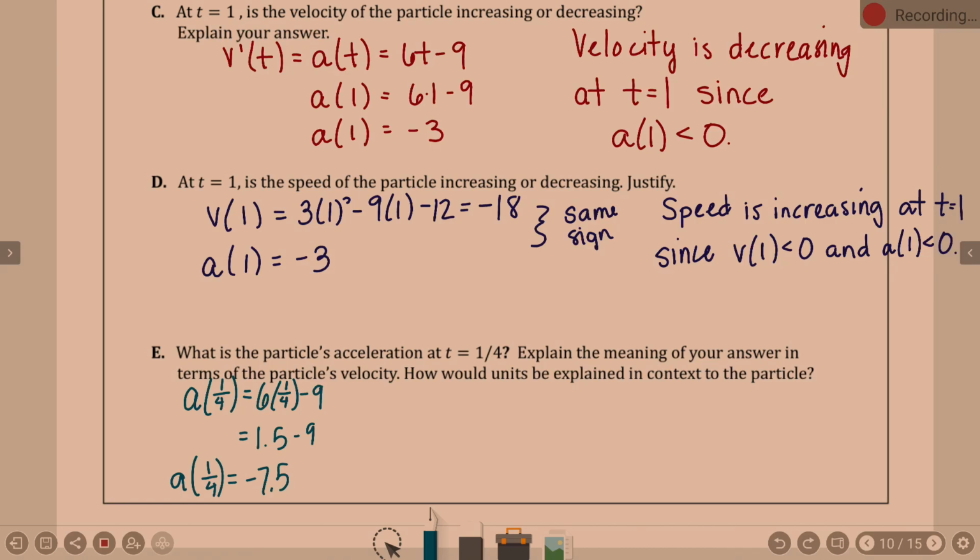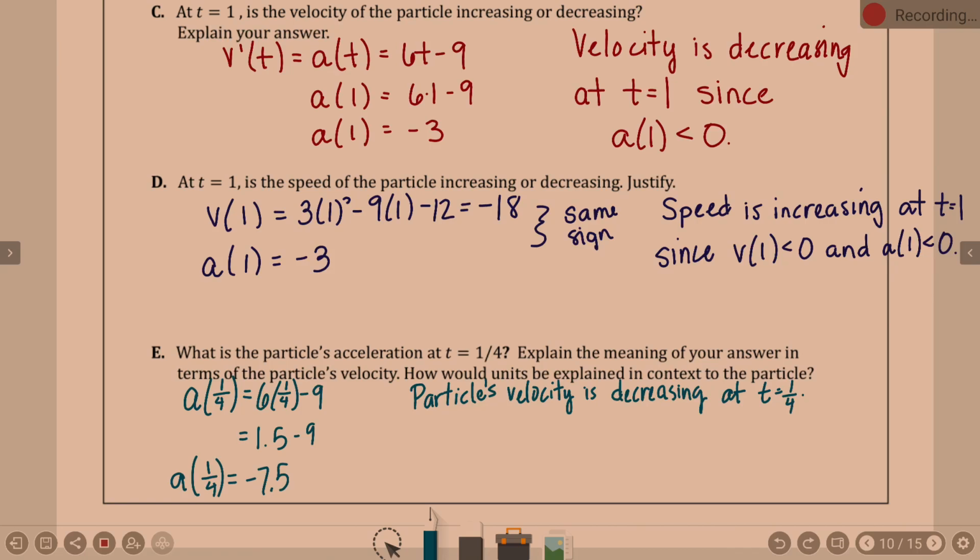Because I just have generic units in my notes, I'm just going to use meters per second. So, really, part of this I'm just going to say is that the particle's velocity is decreasing. And of course we know that because the acceleration is negative. And that is at t equals 1/4.